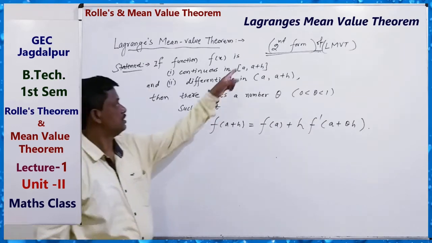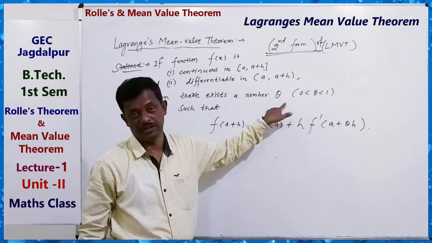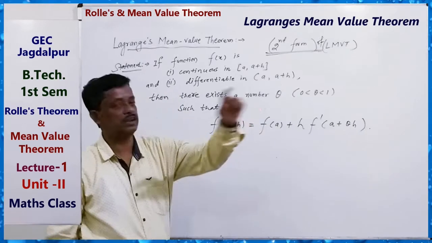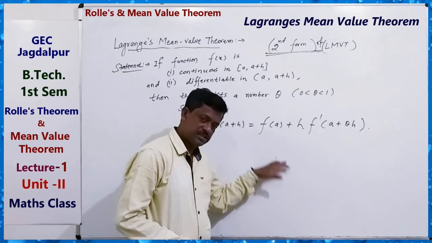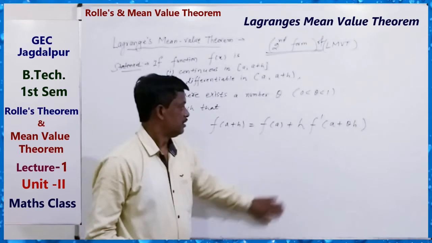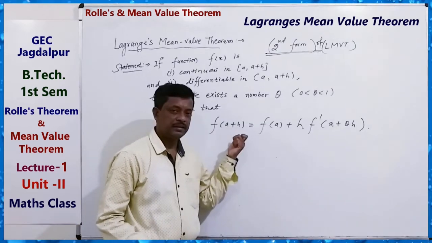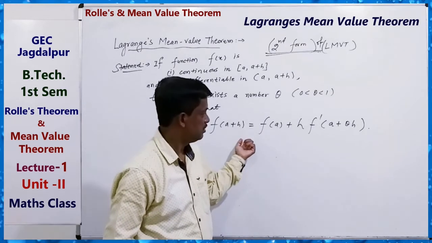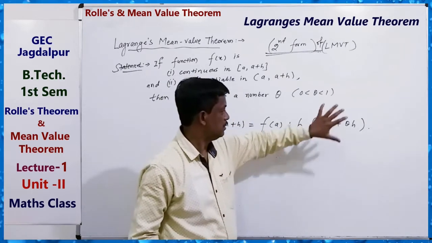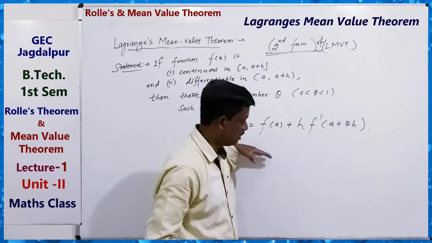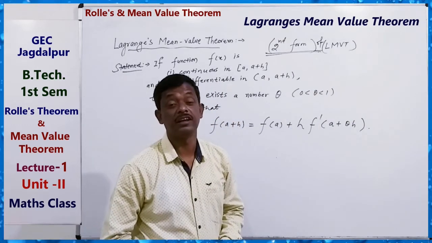If the function is continuous in this interval and differentiable in the open interval, then there exists a number theta in 0 to 1 such that we can write like this. This is the second statement, very very important, because by using this form of Lagrange's mean value theorem and proceeding in the same way, we can get the generalized mean value theorem, which is called Taylor's theorem.